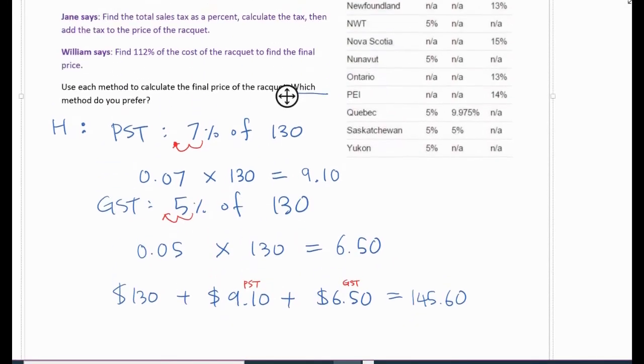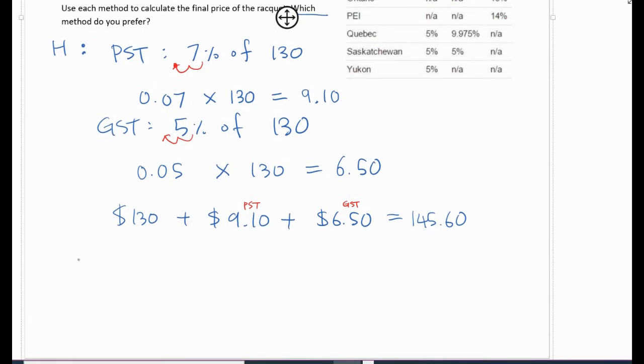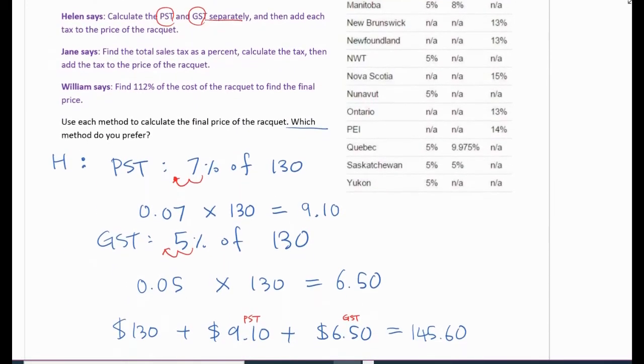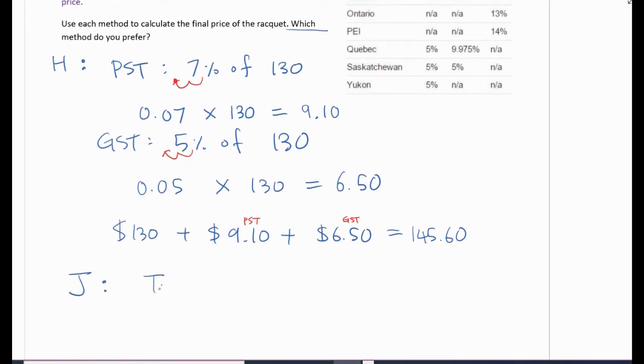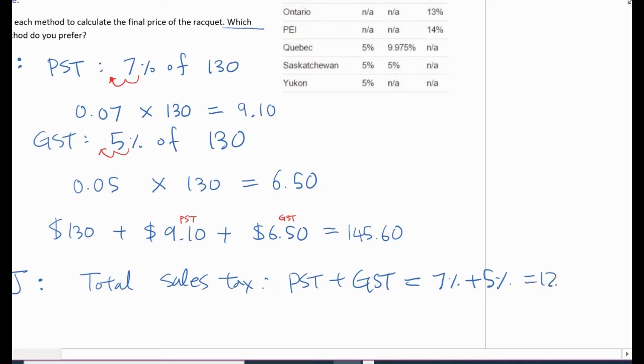And alright, let's use Jane's method. Jane says find the total sales tax as a percent. So total sales tax. So that is PST plus GST. So that is 7% plus 5%, which is 12%.